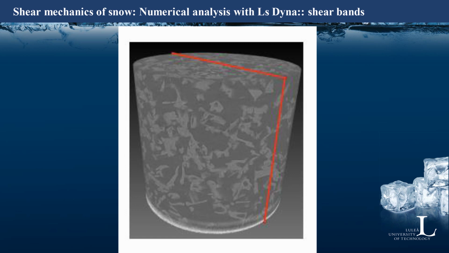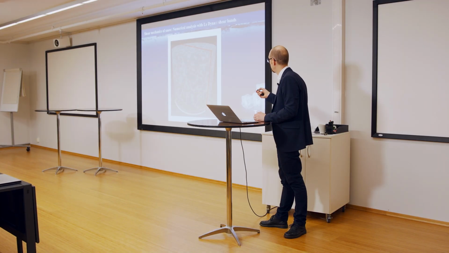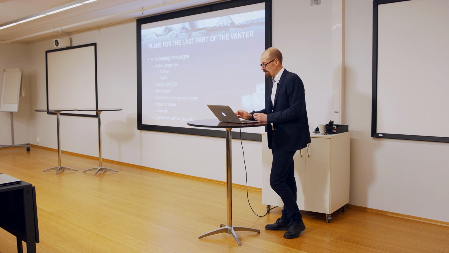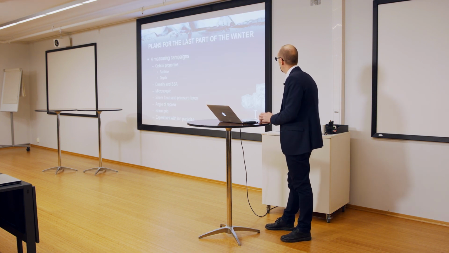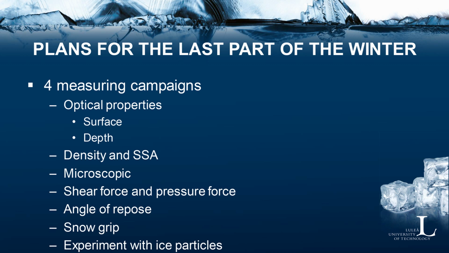So we are also planning some experiments there where we push this snow and see how it compacts, and try to do some shear experiments in the microtomography system as well.